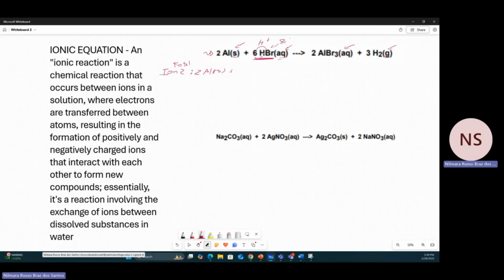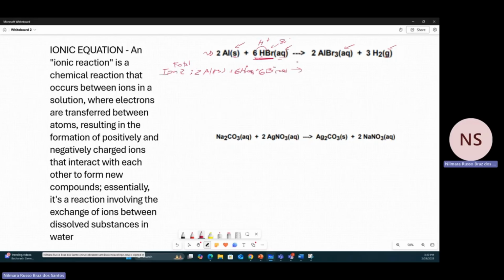That's why you don't see anything here in the subscript. So I have 6 hydrogen, plus, don't forget to put the state. I still have 6 bromine, -1, right? Don't forget the state.